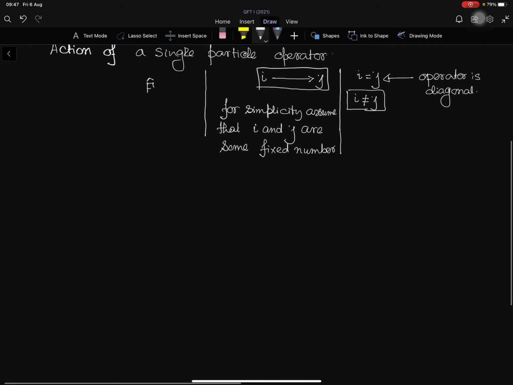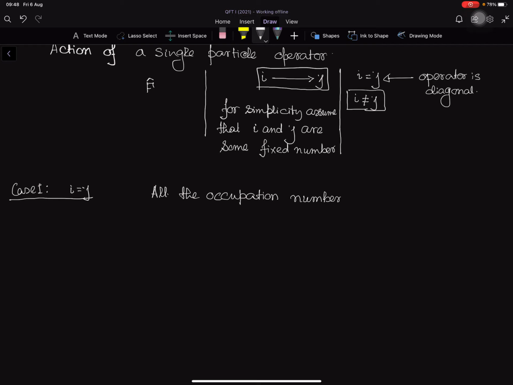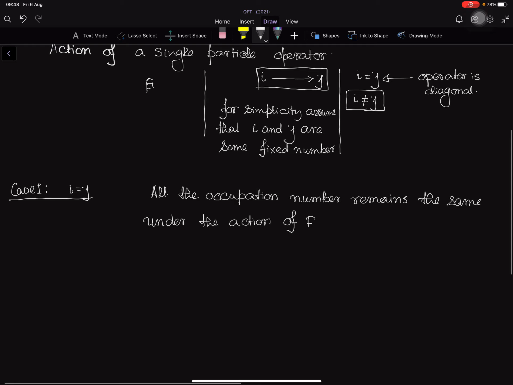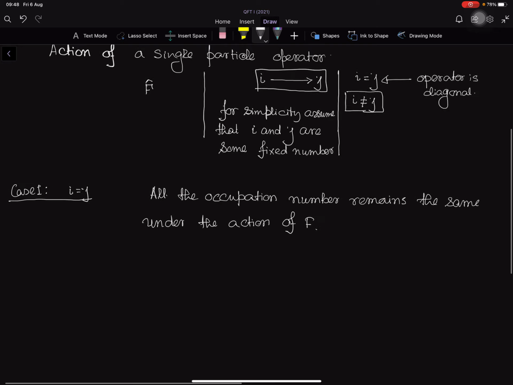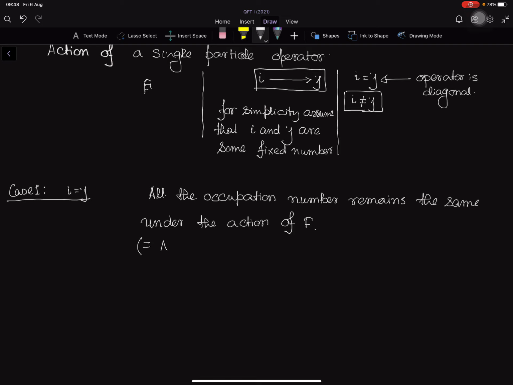So now, if i is equal to j, then all the occupation numbers remain the same under the action of f, which also implies that f is diagonal.